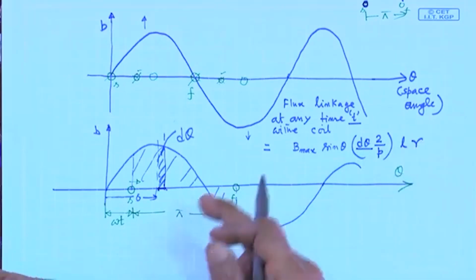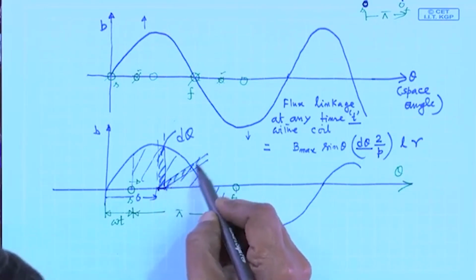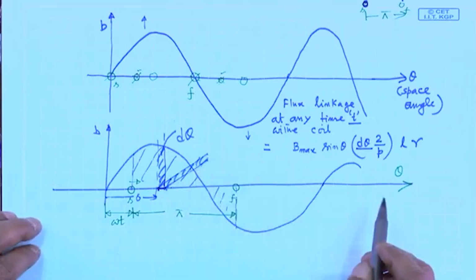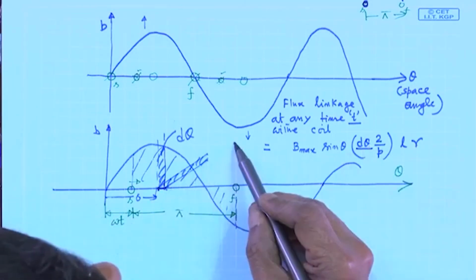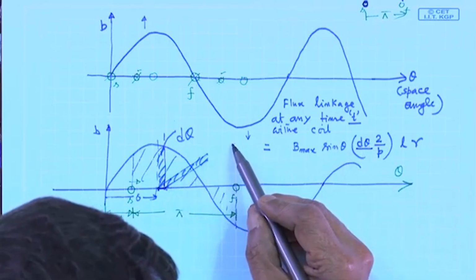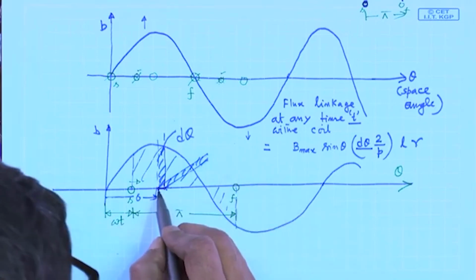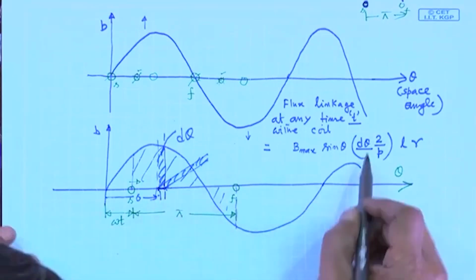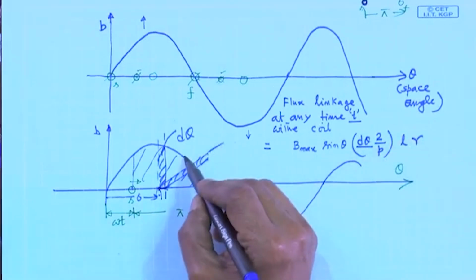At d theta into L is this area here. So, r d theta into L, this is r d theta into L. L is the length of the machine, this is L.